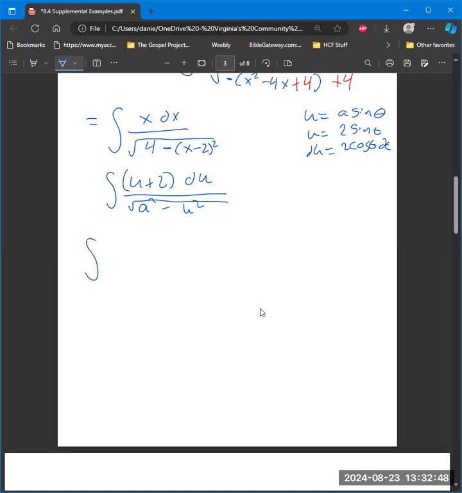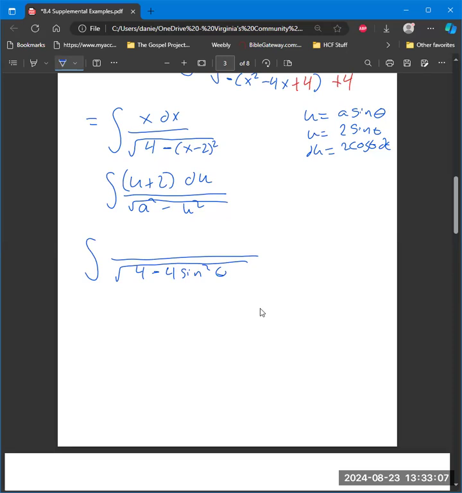So let's see if I can make my substitutions here. 4 minus 4 sine squared theta for my u squared.